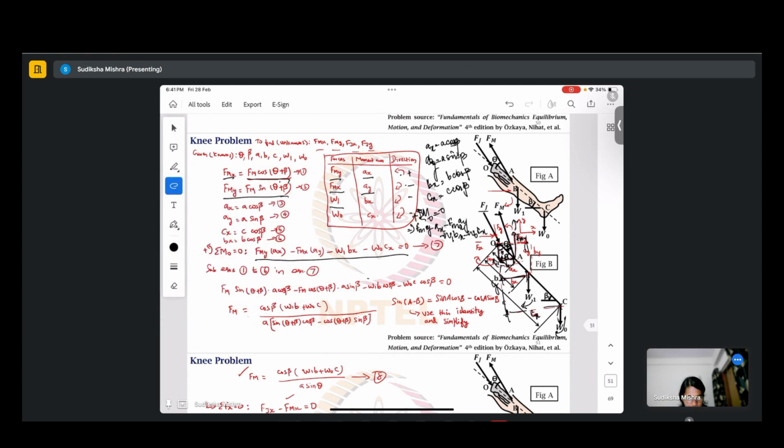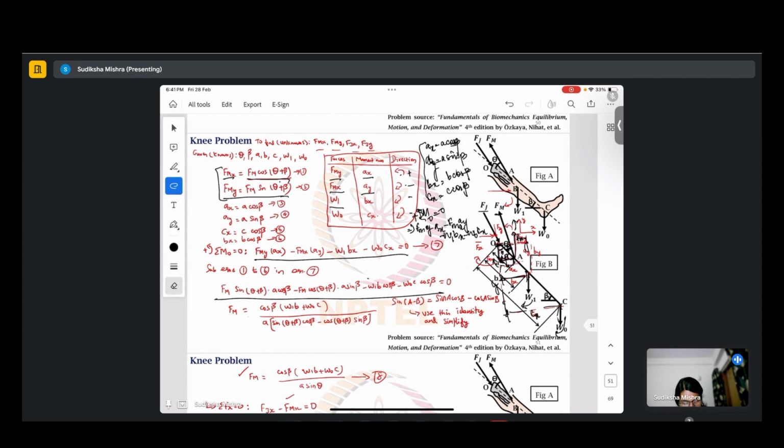This is your equation. Now we know Fmx, Fmy, and we know ax, ay, bx, cx, so we can substitute all of this and solve this particular equation.